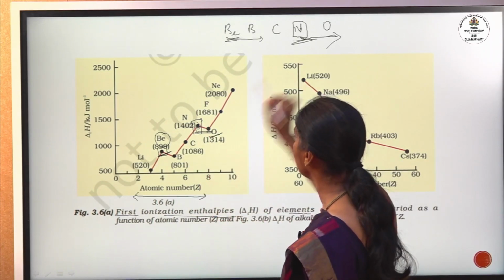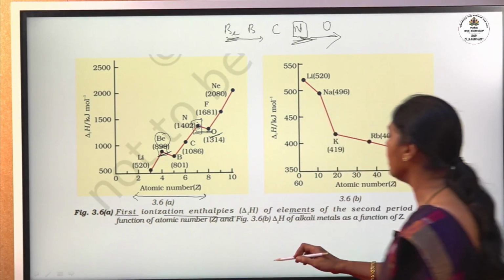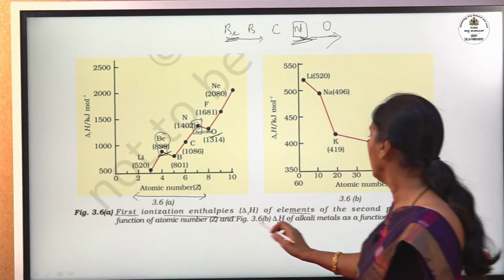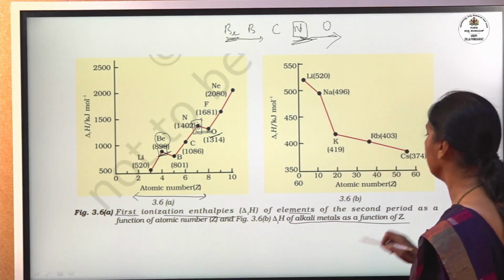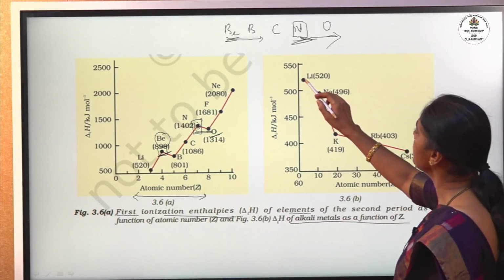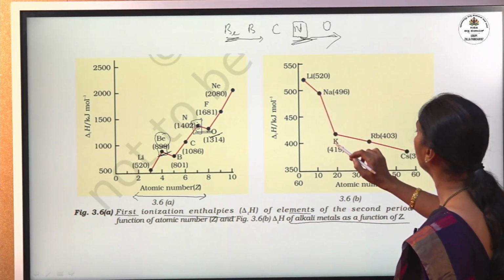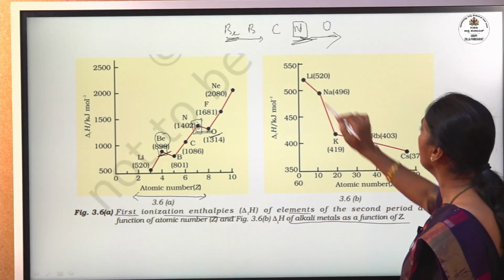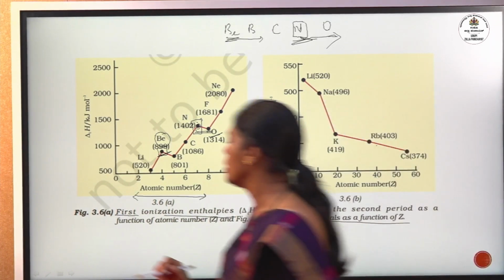So that is the exception. Similarly, alkali metals, first group: lithium, sodium, potassium, rubidium, the variation is shown in the graph.